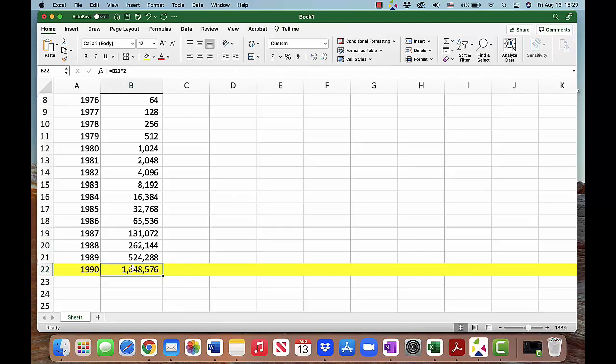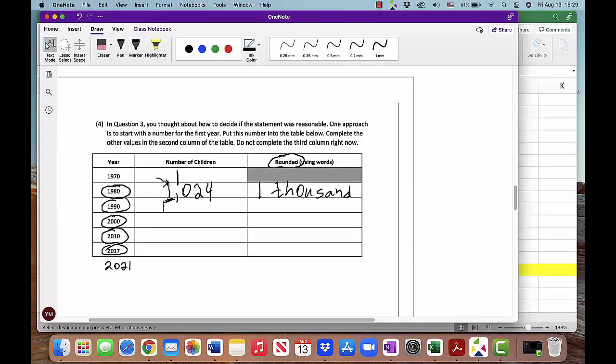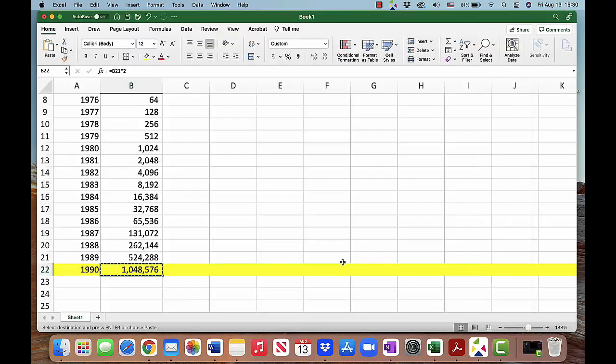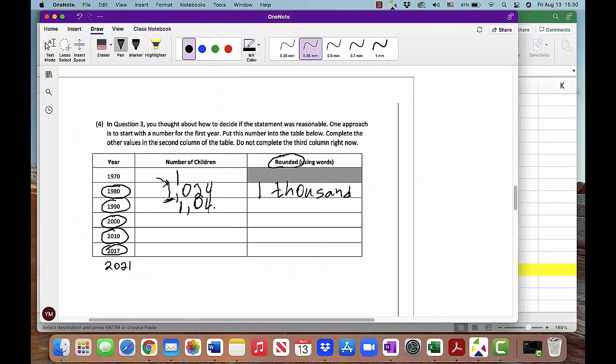All right, so let's go ahead. I think I can just copy and paste that inside that table. Let me try this out. It's kind of large here. Yeah, I'll just type it up. 1,048,000, I think. 48,576. 48,000 and then 576.